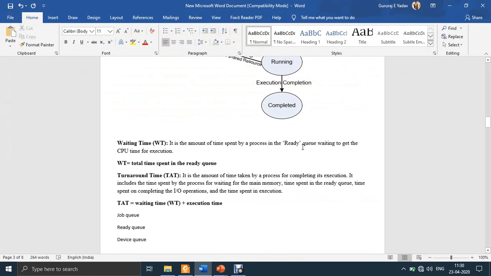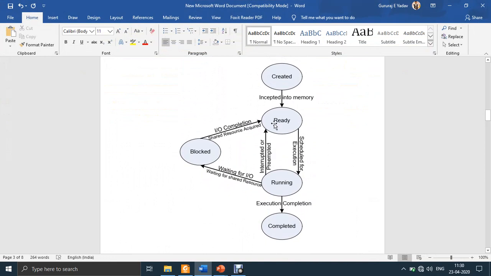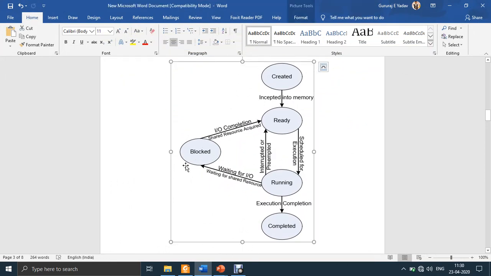So I'll go back to this. If you remember the process cycle, this is the blocked state. When the running process wants an input from another device, or it wants to perform an IO operation, or, let's say, a key press event to happen, then it goes to the blocked state.